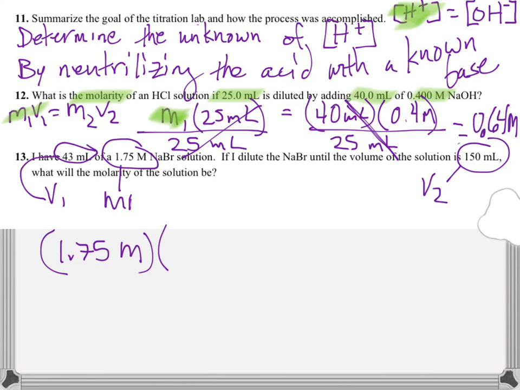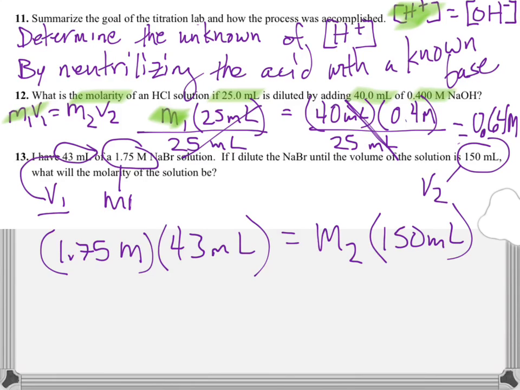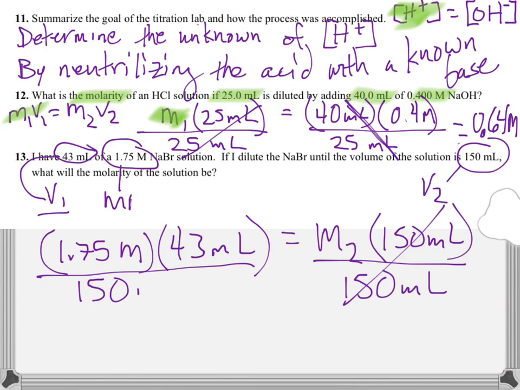We're going to multiply that times the volume, which is 43 milliliters. Again, that's our V1. And then that's going to equal our M2, which is what we're solving for, times our V2, which is 150 milliliters. We want to get M2 by itself, so we're going to divide this side by 150 milliliters to cancel that out, and then we have to divide the left side by the same value, 150 milliliters.